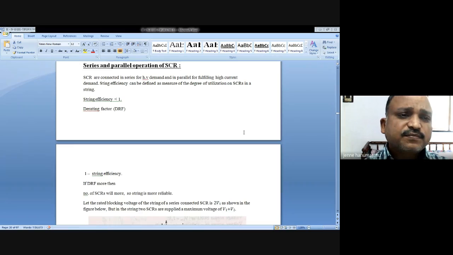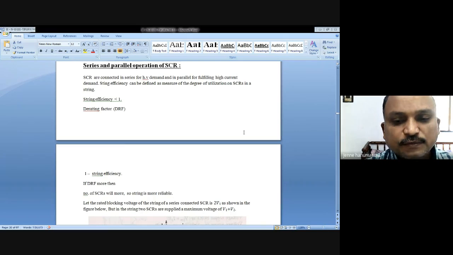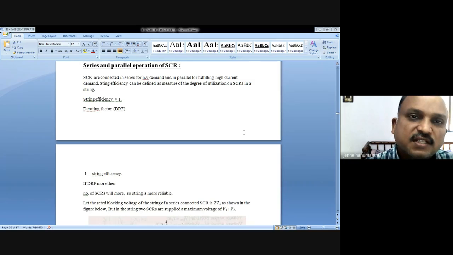Remember, what do you mean by series and what do you mean by parallel? Suppose you have two resistors. What is the meaning of a series connection of resistors?